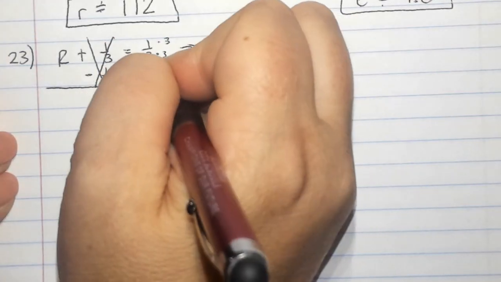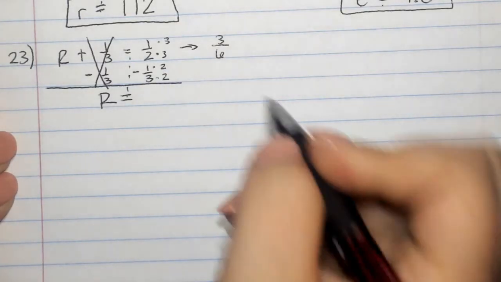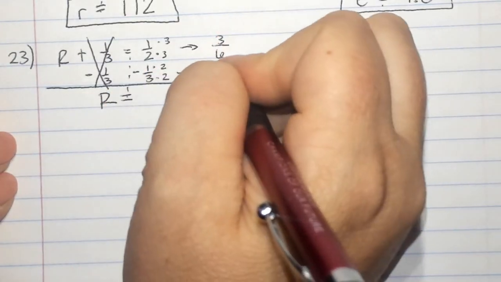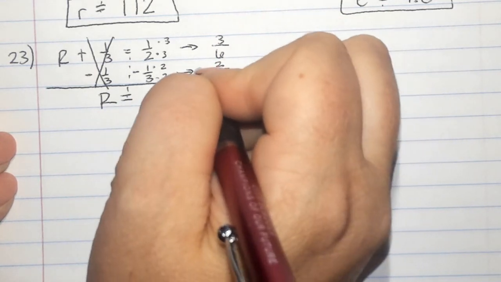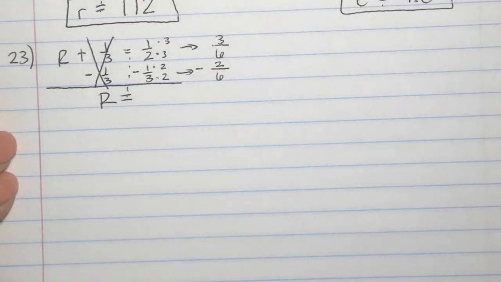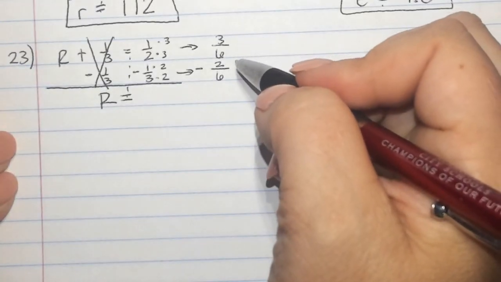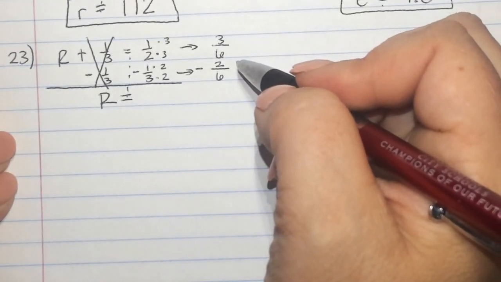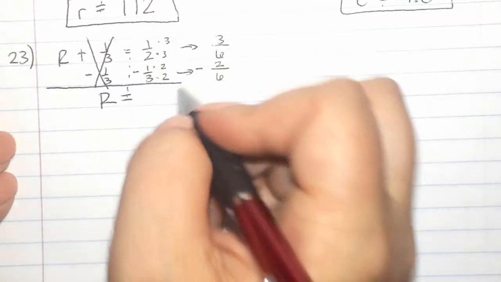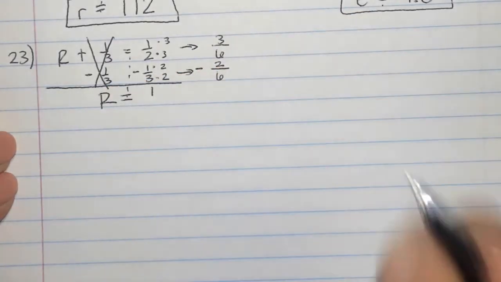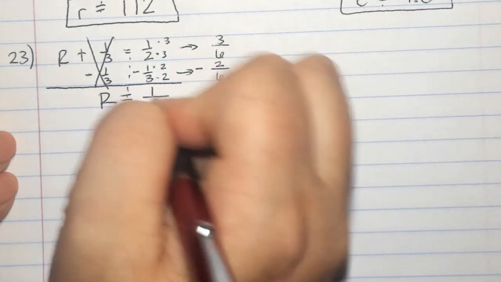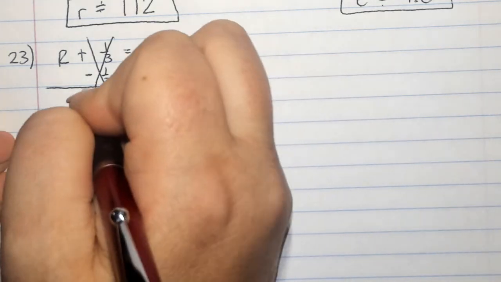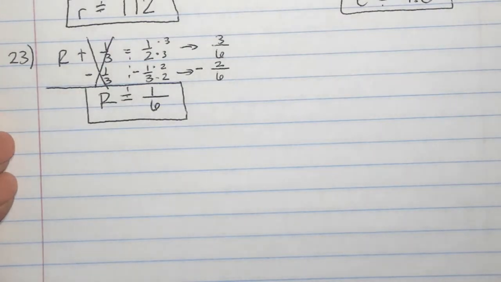I can multiply 3 by 2. And if I do it to the bottom, I do it to the top. So 1 times 2 is 2. 3 times 2 is 6. Now, can I subtract those? Yeah, so 3 minus 2 gives me 1. And then what happens on the bottom? Do I do 6 minus 6? No, we worked really hard to get that there. We're just going to leave it. So I get R equals 1/6.